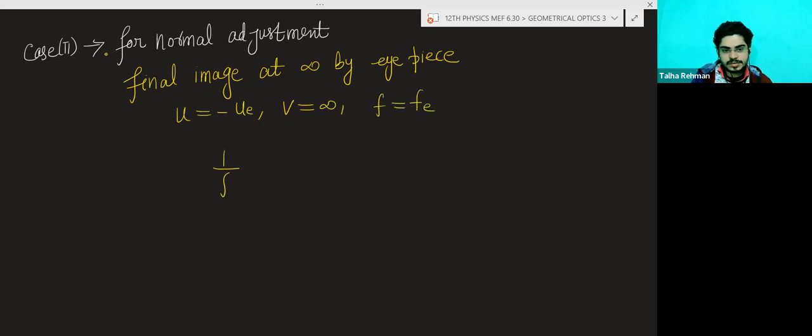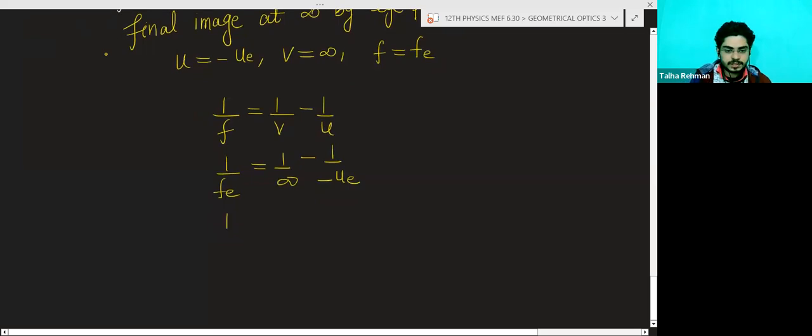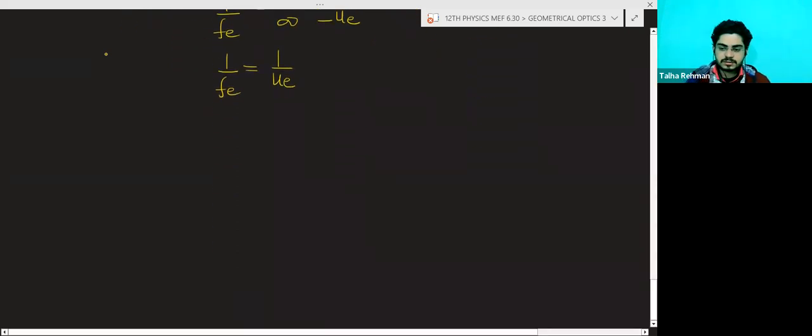Now apply 1 upon f is equal to 1 upon v minus 1 upon u. Then 1 by FE, 1 by v is 1 by infinity, minus of minus 1 upon UE. So 1 upon FE is equal to 1 by infinity, which is 0, minus minus plus, 1 upon UE. So 1 upon UE is equal to 1 upon FE. Now what is the magnification?